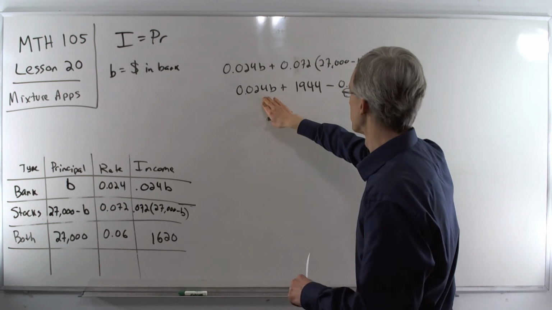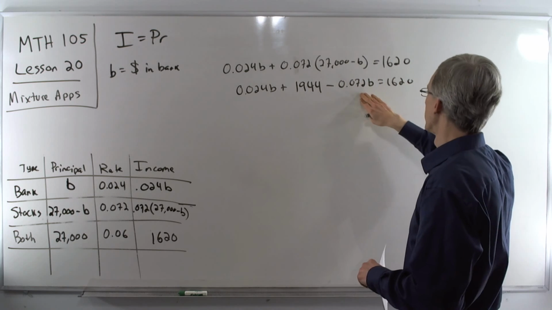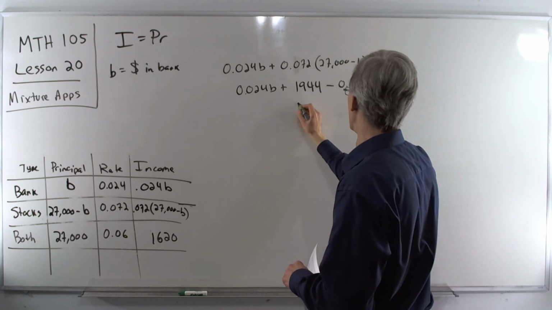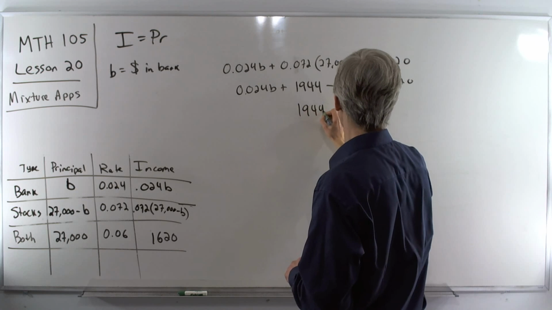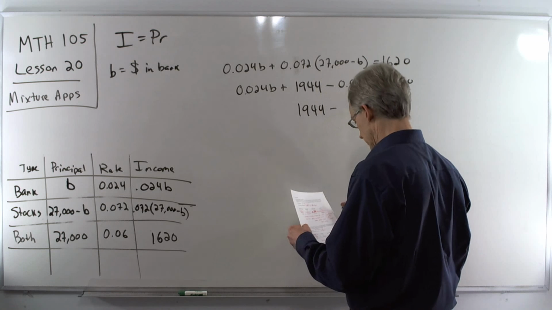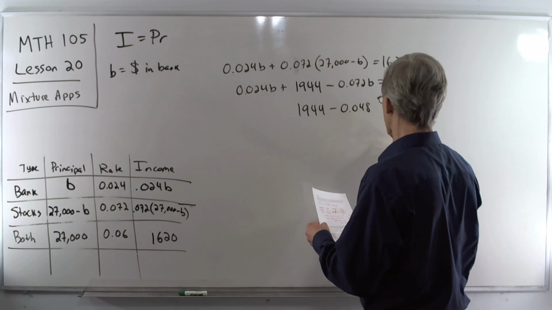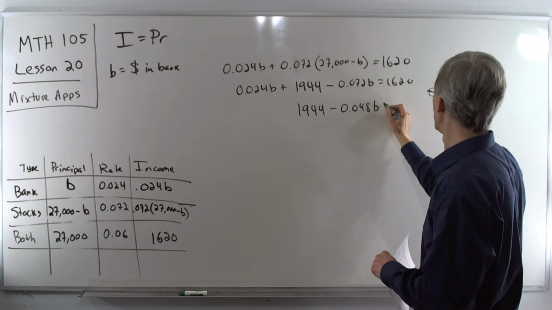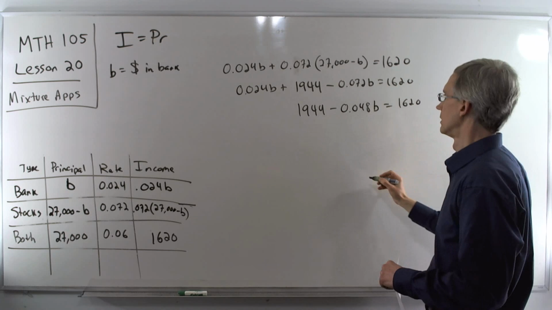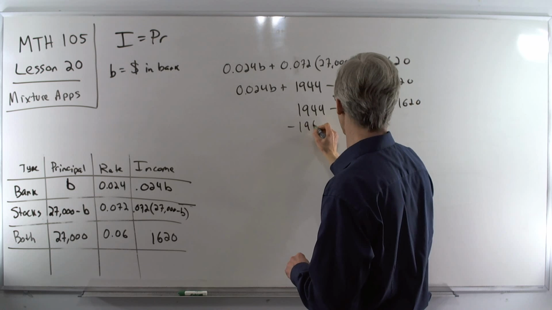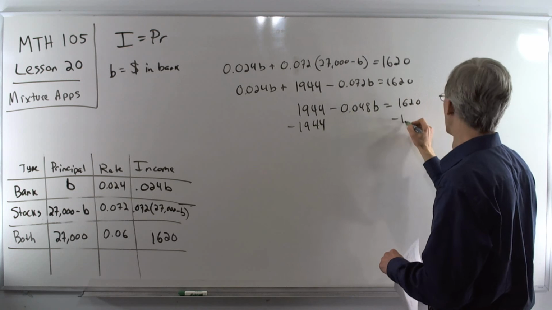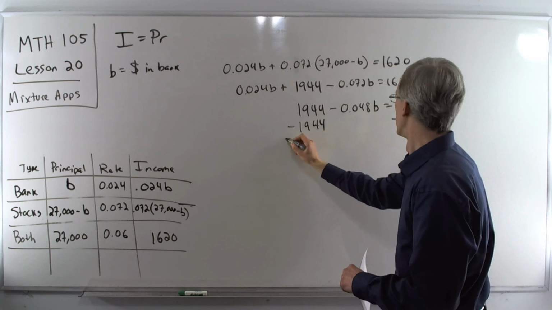Now we'll combine like terms, 0.024 minus 0.072. Get negative 0.048B equals 1620. And we'll subtract 1944 from each side.